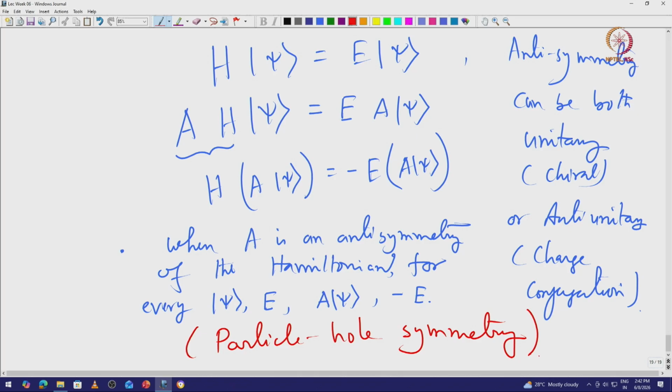this particle hole symmetry is sort of used by different people in different contexts.